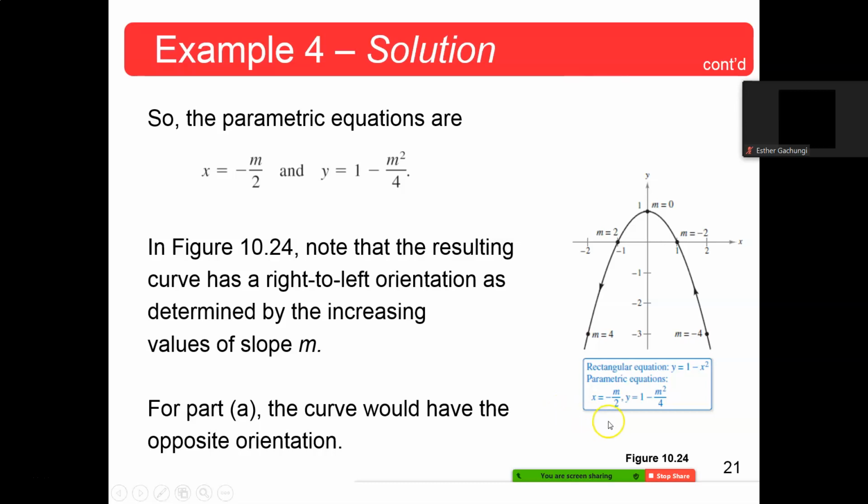Actually, it's decreasing values of m, because m is minus 4 up here, minus 2. Oh no, this is increasing. Okay, sorry. That's backward though. Oh, okay. Your slope here is negative. Okay. The slope is negative, so it's minus 4 here, minus 2 here, 0 here, plus 2 here.